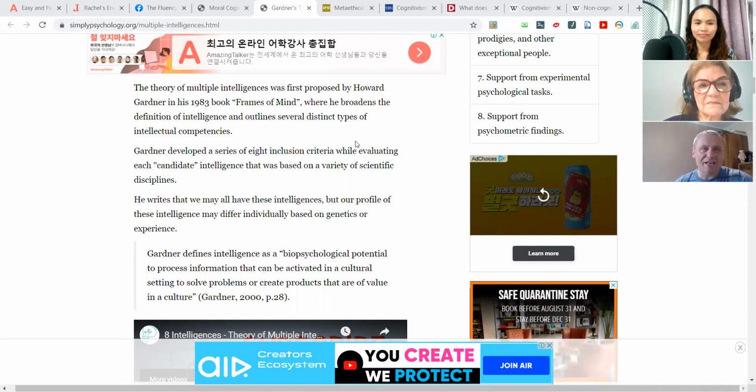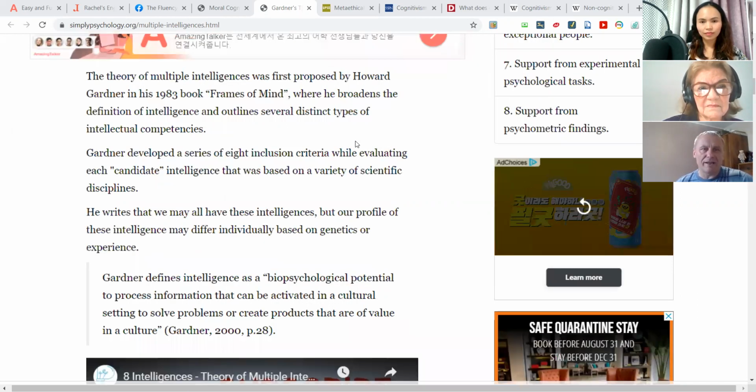Gardner developed a series of 8 inclusion criteria while evaluating each candidate intelligence that was based on a variety of scientific disciplines. He writes that we may all have these intelligences, but our profile of these intelligences may differ individually based on genetics or experience.